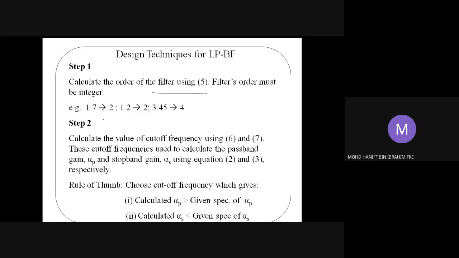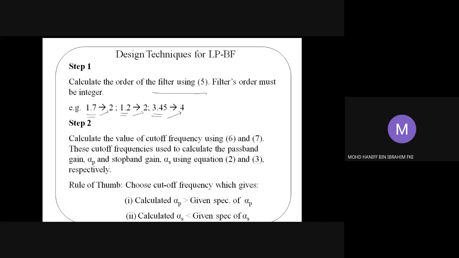One thing to be remembered here is that if your calculation of n gives, let's say, 1.7, you need to round it up to 2. If the value is 1.2, you also round it up to 2. If we have 3.45, you also need to round it up to 4.